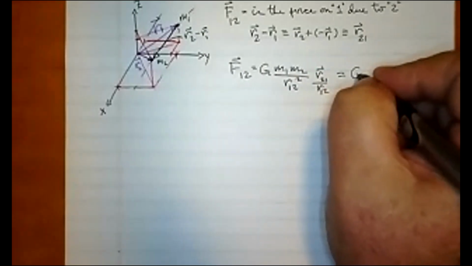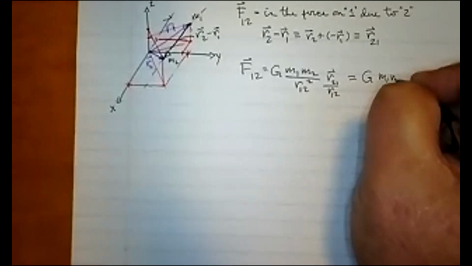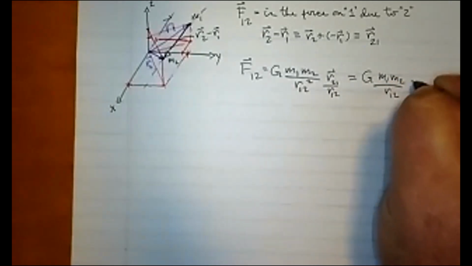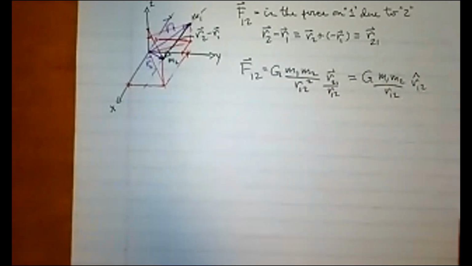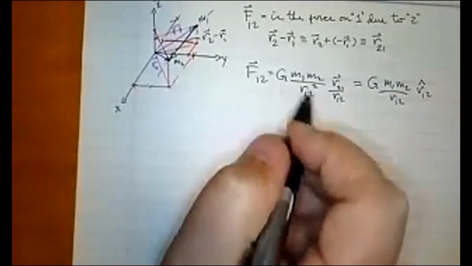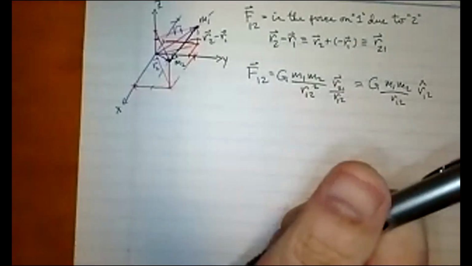So you could say G M1 M2 over R12 times the unit vector. All of these are valid formulas. I don't like the 1 and the 2 being the opposite, but if you use that to remember, then that's great.